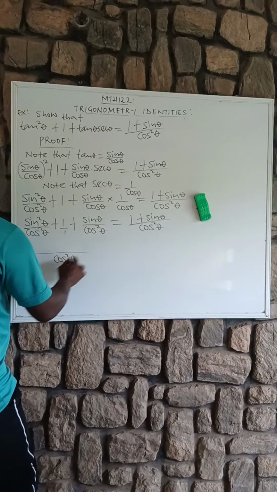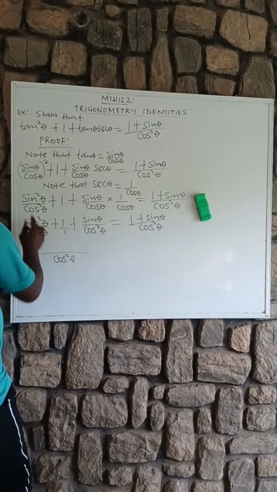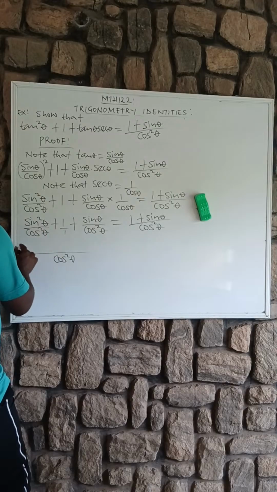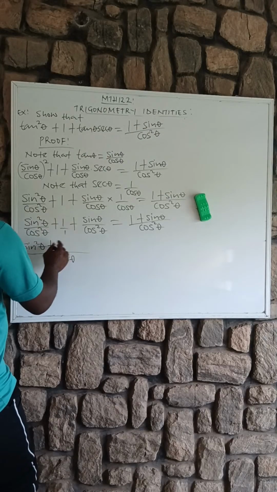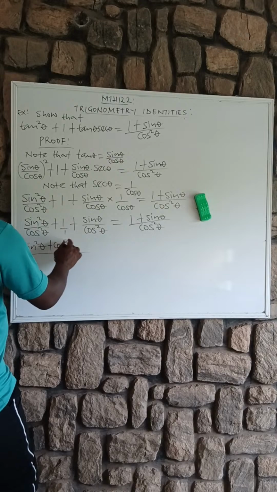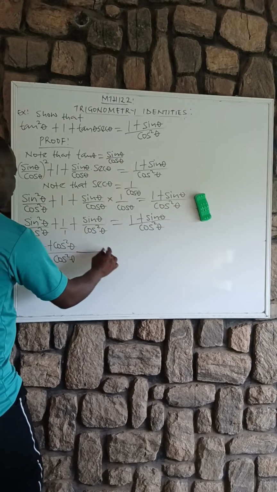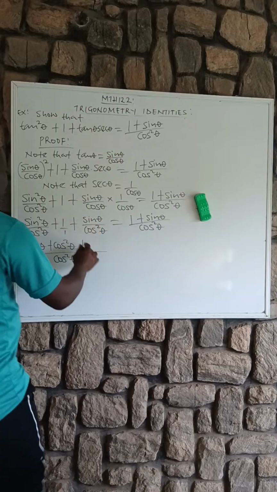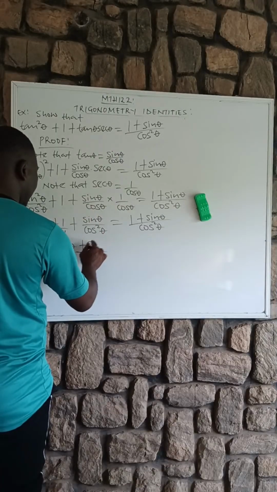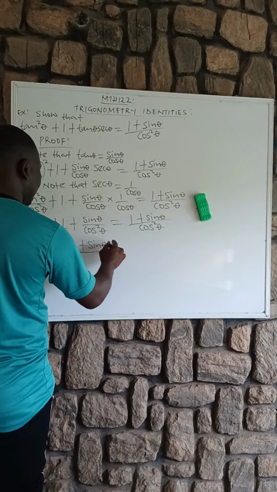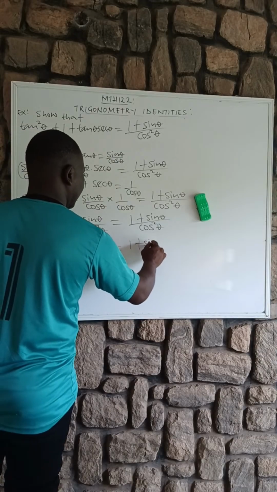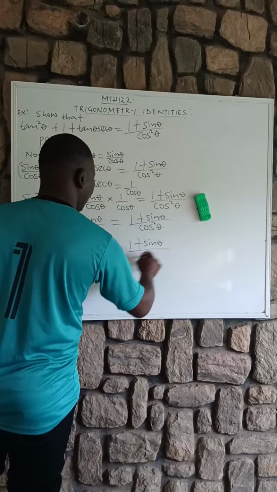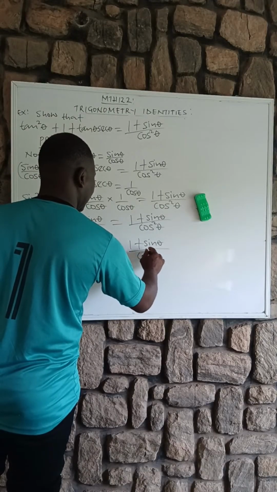We divide and we are going to have sine square theta plus cos square theta, then plus sine theta. This is equal to 1 plus sine theta all over cos square theta.